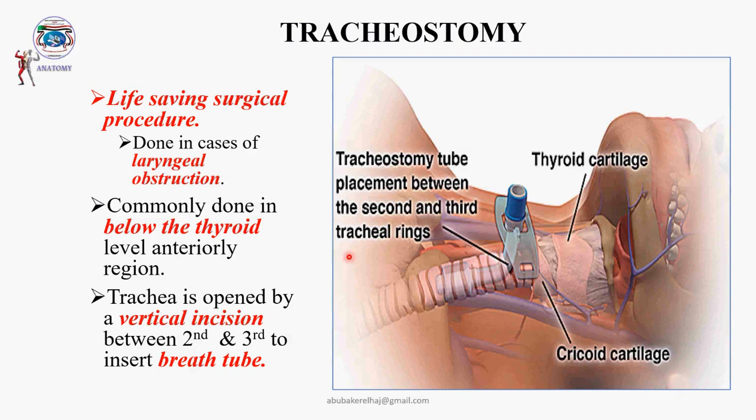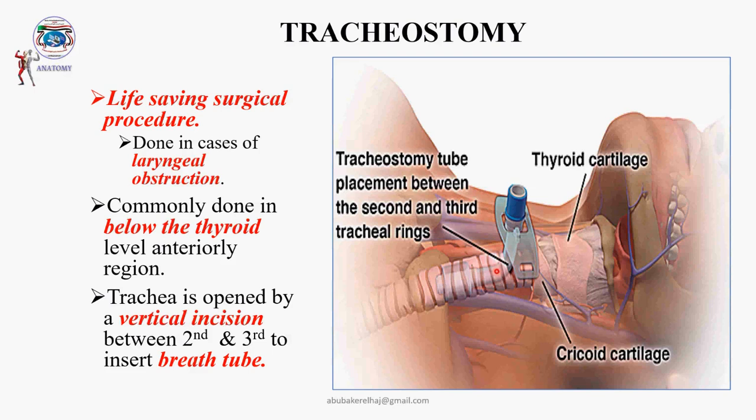The major important clinical consideration is related to opening the pathway or passage of air through the tracheostomy. The tracheostomy is a lifesaving surgical procedure done in cases of laryngeal obstruction, commonly done below the level of the thyroid gland, specifically the isthmus of the thyroid gland, along the anterior aspect of the trachea.